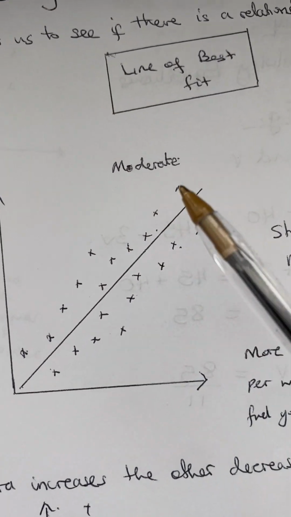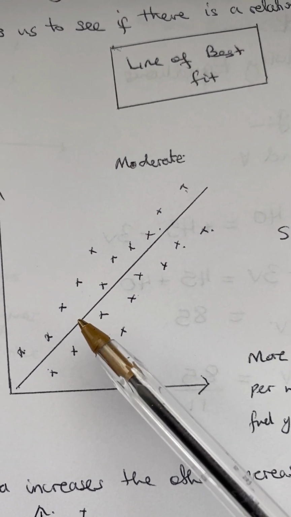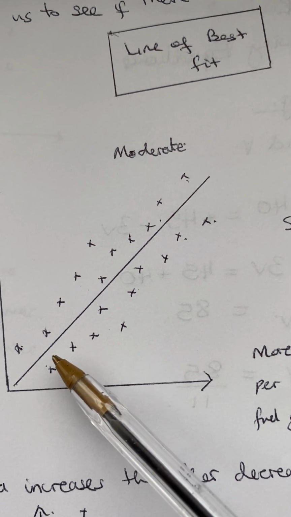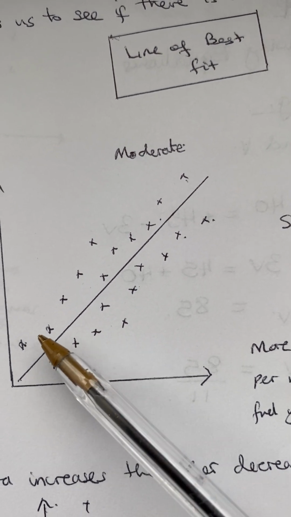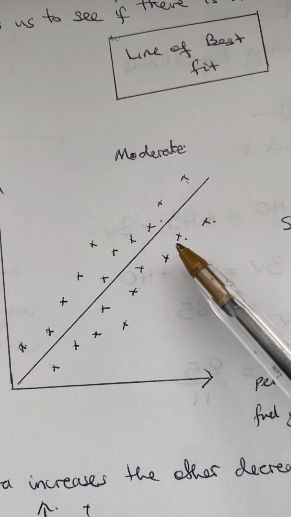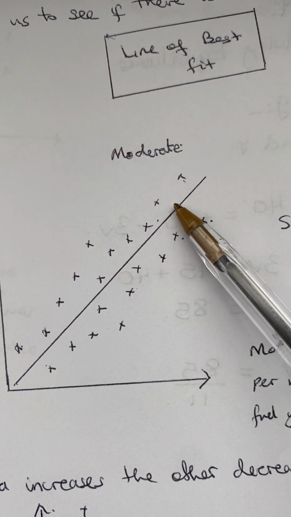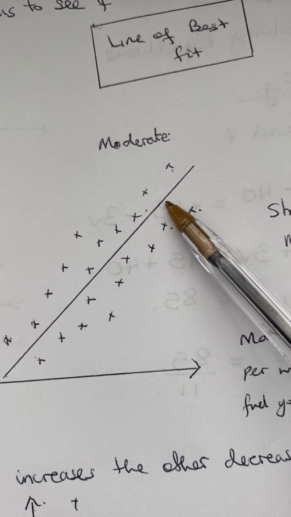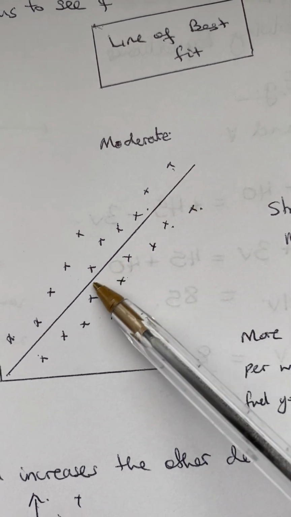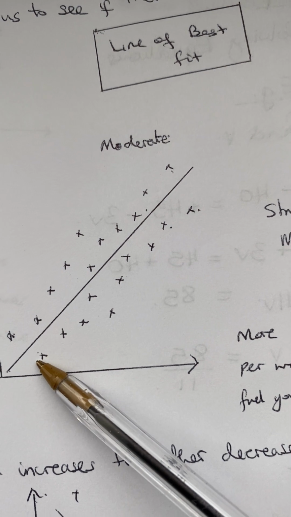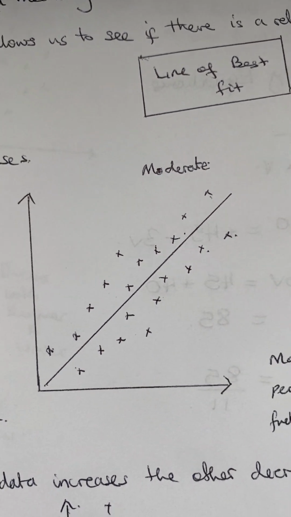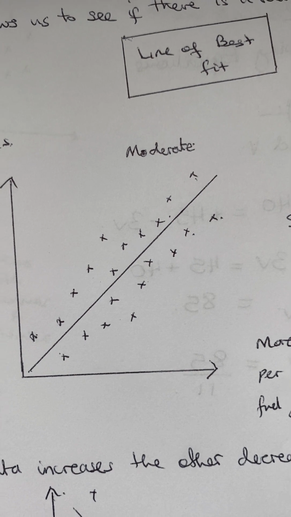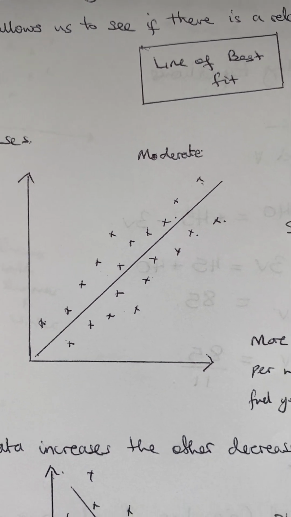Now this is a moderate positive. Okay, and you can see that there is an equal amount of plots, fairly equal. So just by looking at the line, that is my line of best fit. Okay, so we'll talk about more of that tomorrow, or in our next lesson.